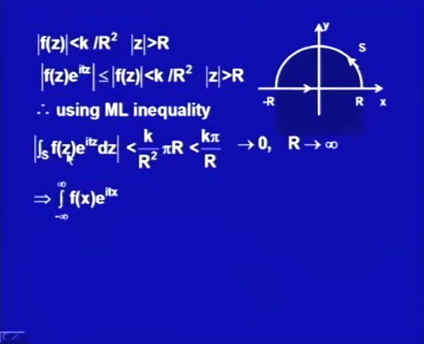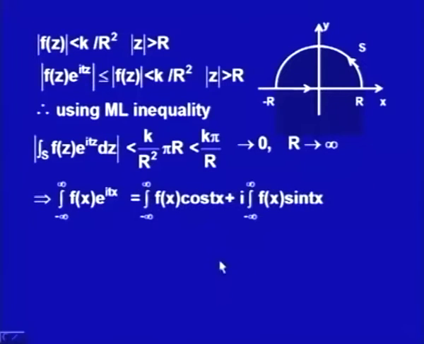So what it says is that the integral from minus infinity to plus infinity of f(x) e^(itx) would be the same as the contour integral of f(z) e^(itz) on the whole closed contour C, which is equal to 2 pi i times the sum of the residues at the poles which are interior to C, that is, the poles which are in the upper half plane. So we have got that formula.